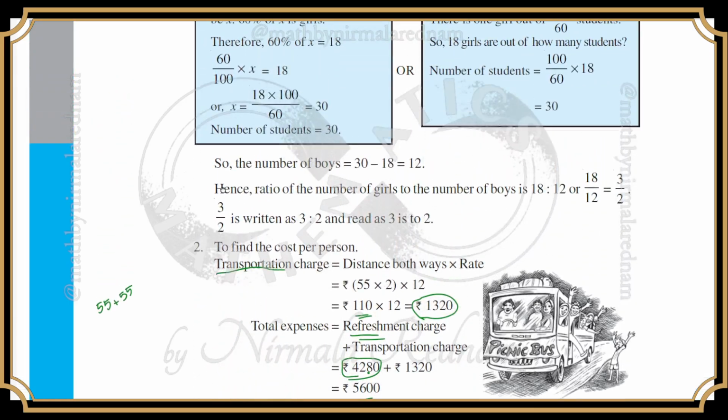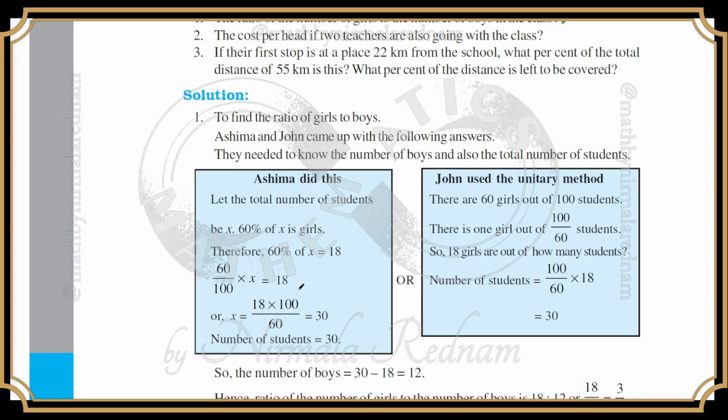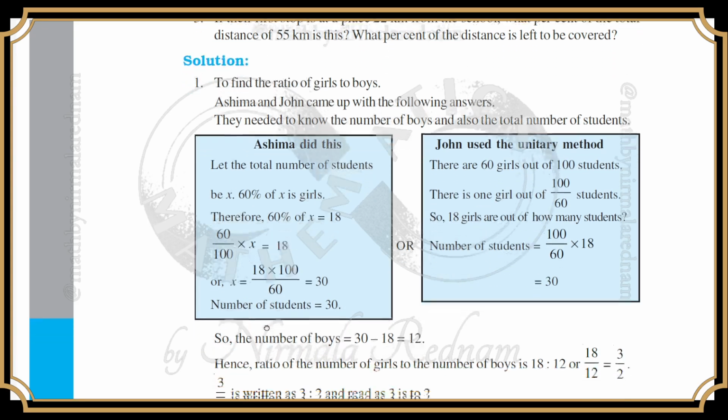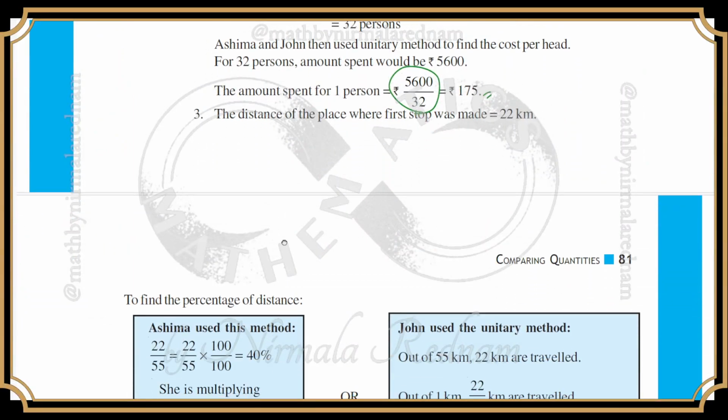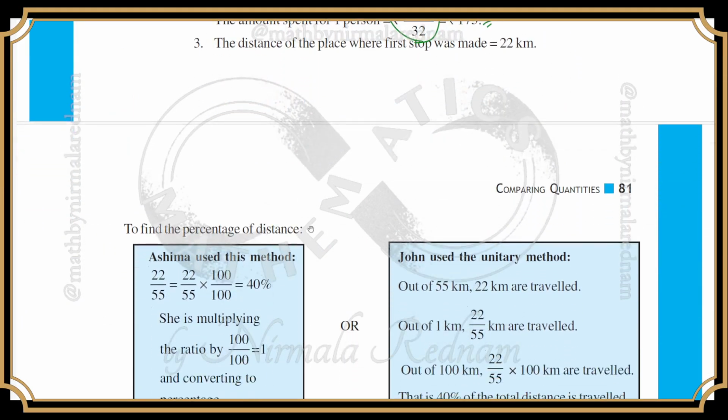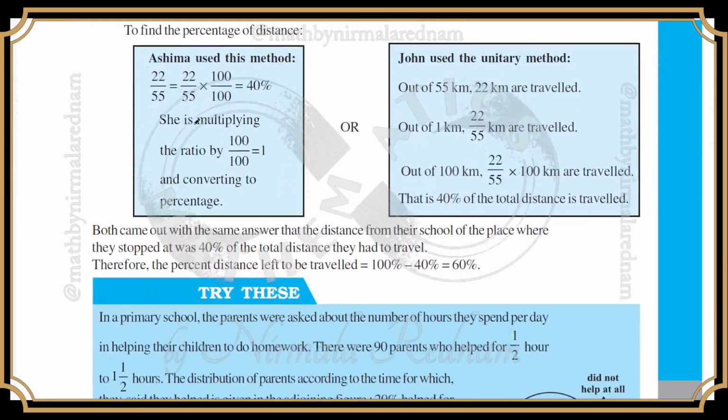Next, they're asking us, if their first stop is at 22 kilometers from school, what percent of the total distance is it? And what percent of the distance is left to be covered? Now, if I calculate the first percentage, the second one is going to be 100 minus that. So, what is 22 kilometers out of 55 kilometers?